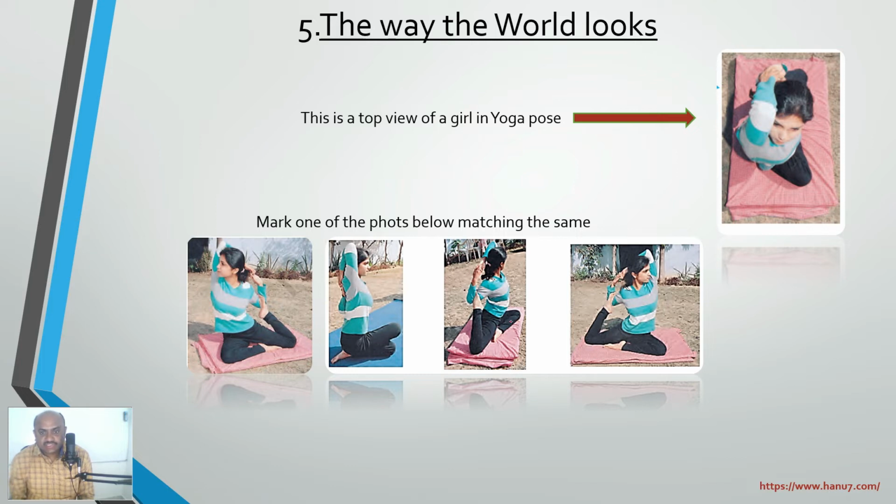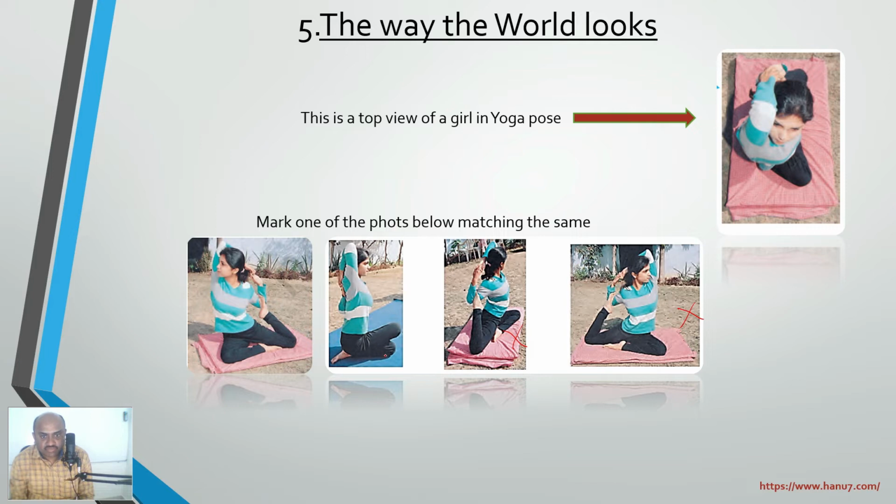If you observe closely, this is the right hand of that girl, and this is the left leg. The right hand should be on the top, but here the left hand is on the top, so this is not the correct position. In this case also the left hand is on top, so it is not correct.